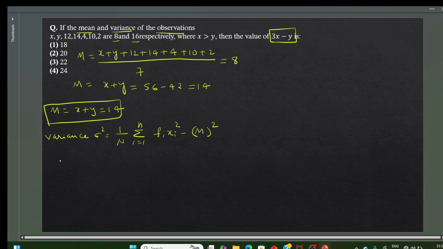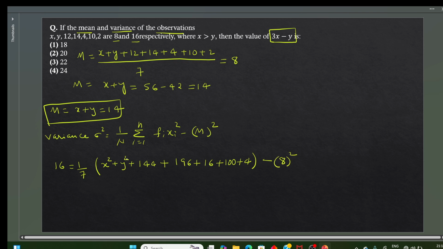The variance is already given, 16, equal to 1 by n, that is 1 by 7, times the summation of the squares of the observations: x square plus y square plus 12 square, which is 144, plus 14 square, which is 196, plus 4 square, which is 16, plus 10 square, which is 100, plus 2 square, which is 4, minus the mean square. The mean value is given as 8, so 8 square.